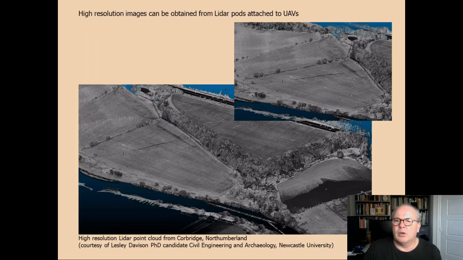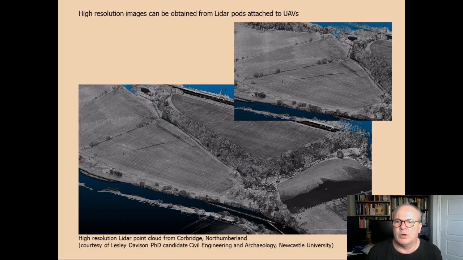You can also collect high-resolution LiDAR data using a drone. And this, believe it or not, I know it looks like a photograph, but this is actually high-resolution LiDAR point cloud data collected by Leslie Davison, who's one of our PhD students, jointly with civil engineering. And she's used a hectocopter, a big hectocopter, with a LiDAR pod on the bottom, and done a whole series of flights across the areas around Corbridge.